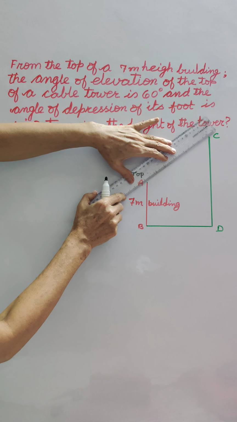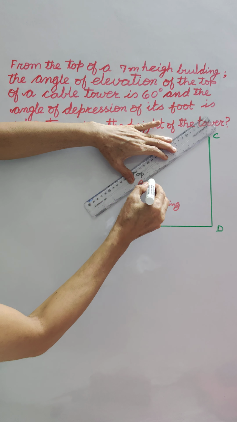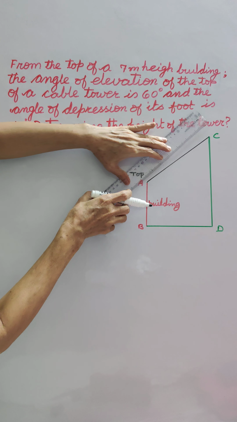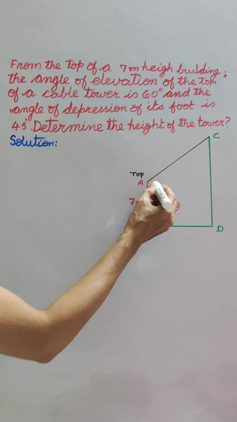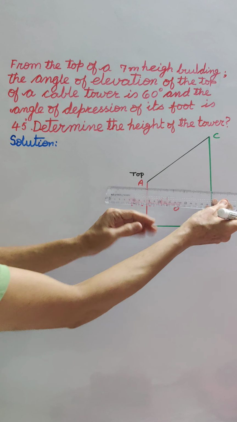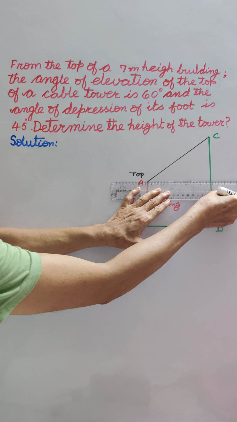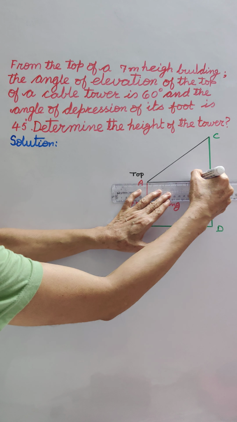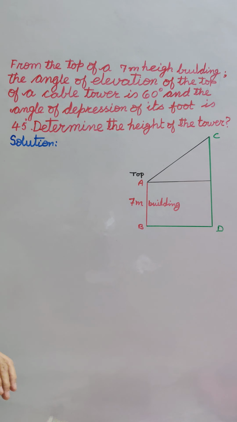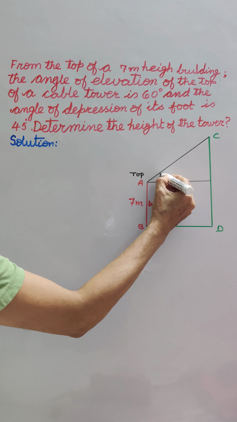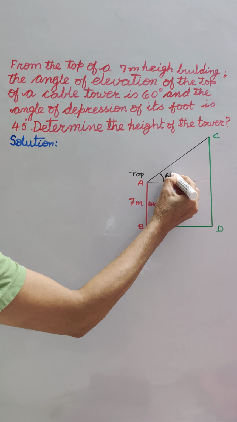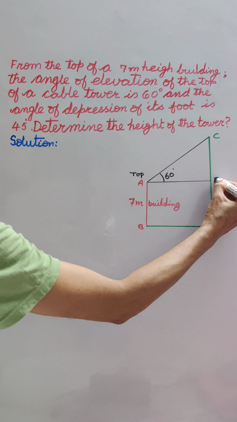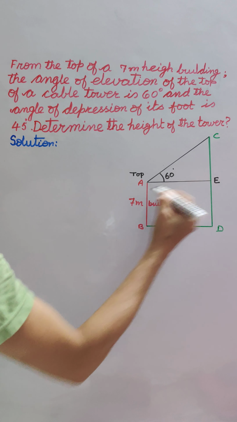This angle is the angle of elevation, which is 60 degrees. Say the point is E.